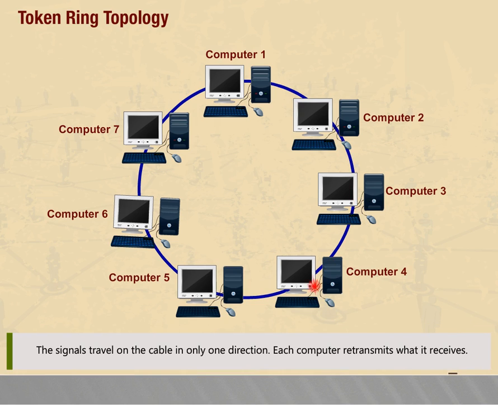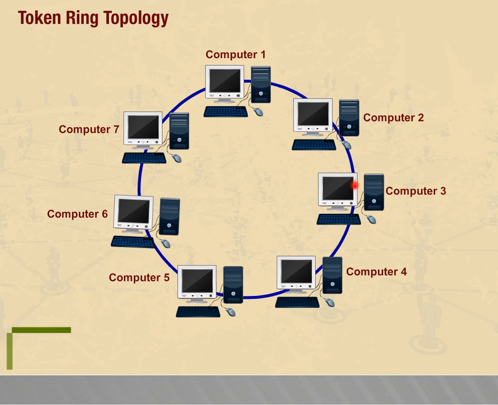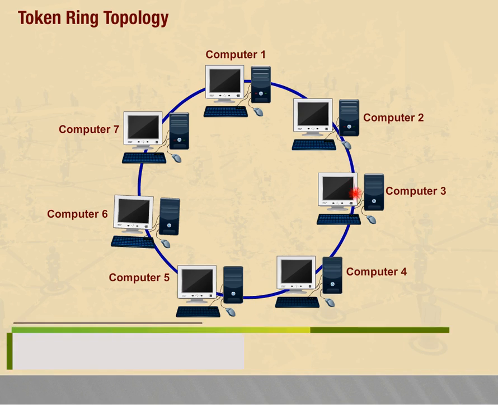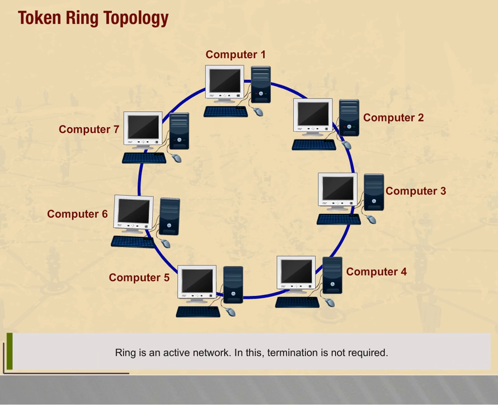The signals travel on the cable in only one direction. Each computer retransmits what it receives. Because a ring topology provides only one pathway between any two nodes, ring networks may be disrupted by the failure of a single link. Ring is an active network. In this, termination is not required.